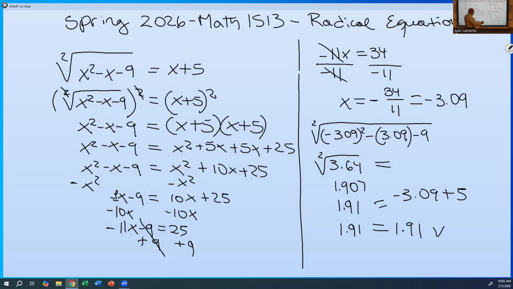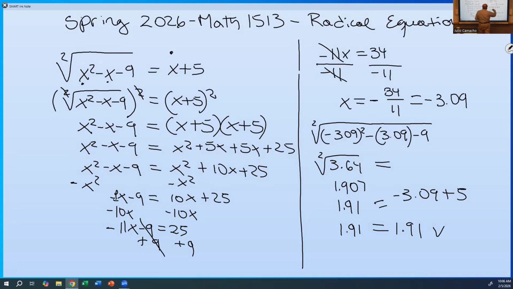See what they did? They replaced 3.09 here, here, and here. First of all, we did the left side, and we calculated that it's 1.9 rounding.